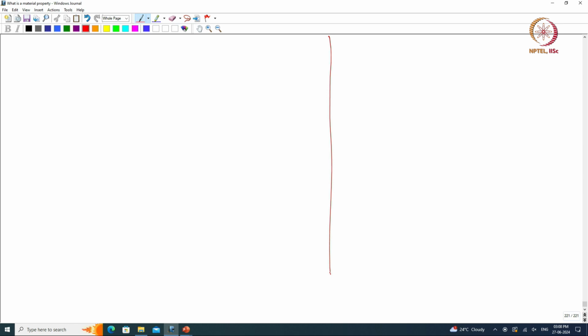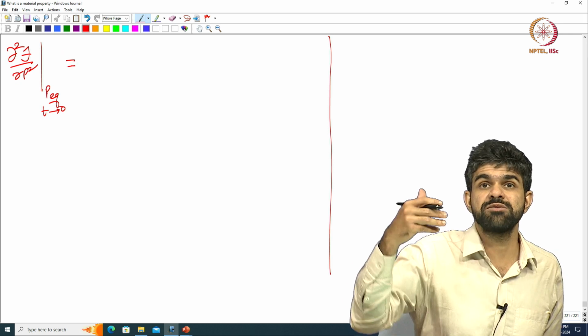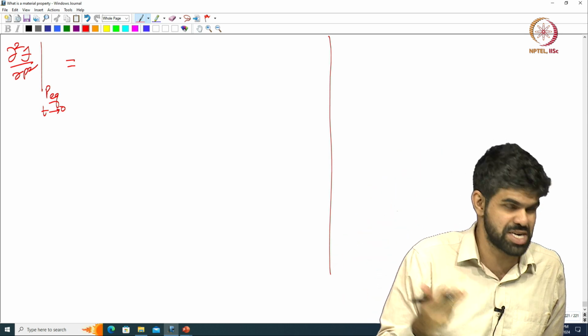Now, I take the double derivative, dou 2 F by dou P squared, again at P equilibrium, okay. And I am also going to tend T towards 0, that is, I want to see what is the susceptibility near the phase transition. I am actually going to show if at the phase transition things like susceptibility are going to enhance or not. That is the basic premise with which I started, right.